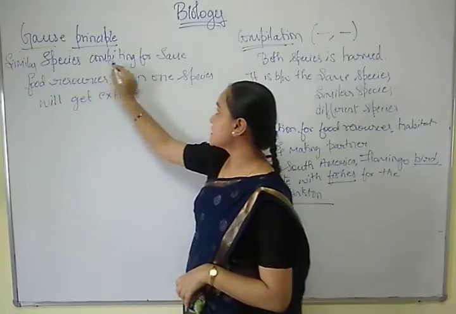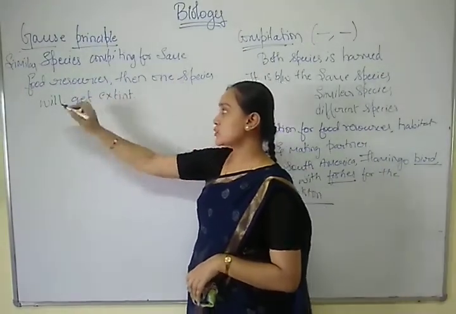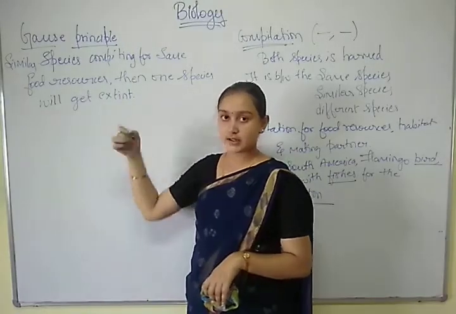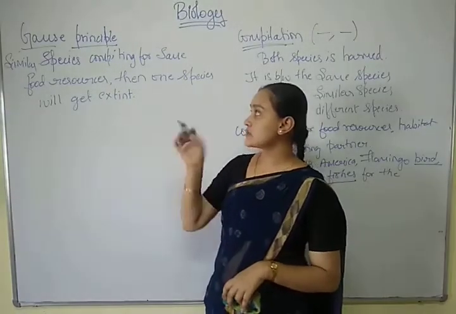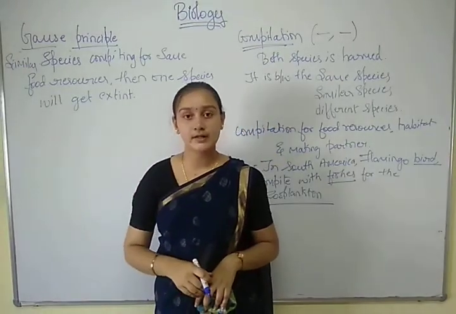So similar species competing for the same food resources, then one species will get extinct. So this is the Gauss principle of competing for the food resources.